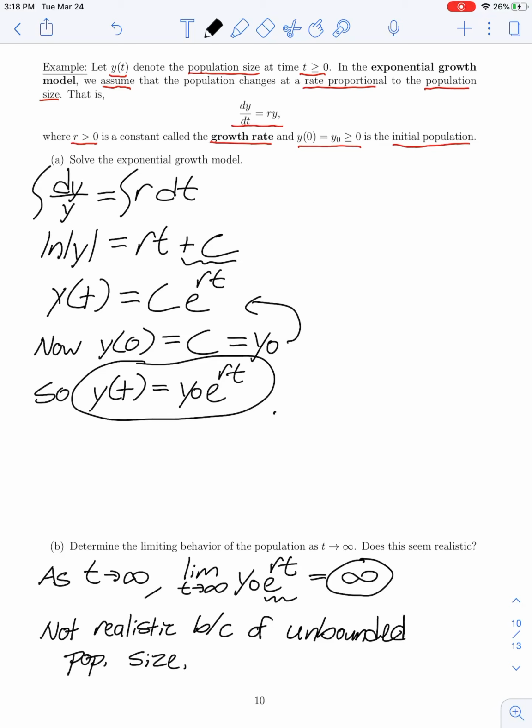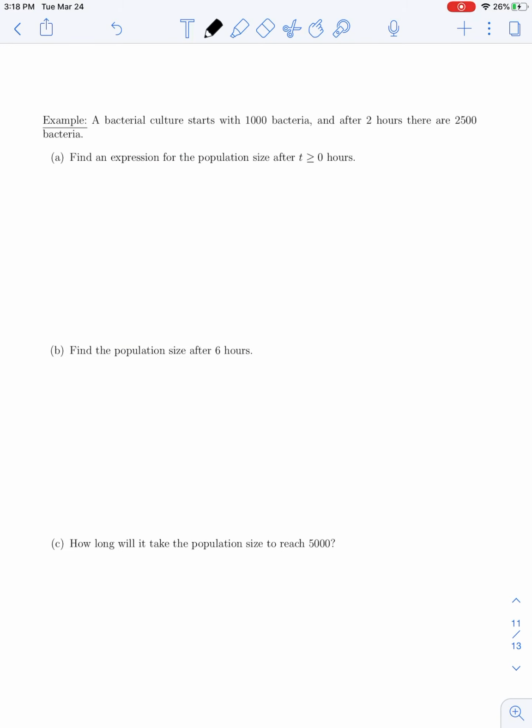Now, in the next section, we'll talk about one alternative to the exponential growth model, which is a little more realistic for population growth. But for now, let's look at one example that makes use of the exponential growth model. Here we are given a bacterial culture that starts with 1,000 bacteria, and after 2 hours, there are 2,500 bacteria. So here in part A, we are asked to find an expression for the population size after t hours.